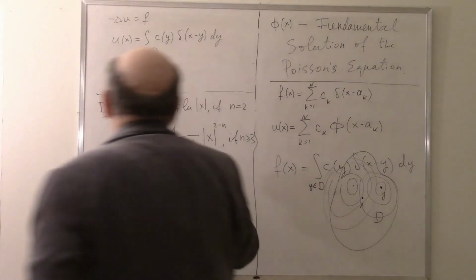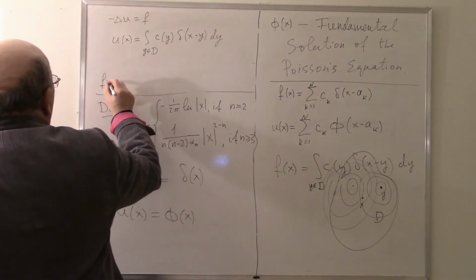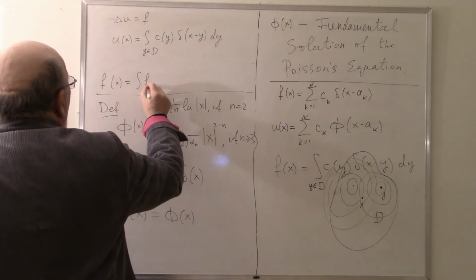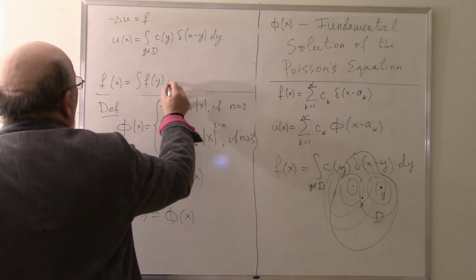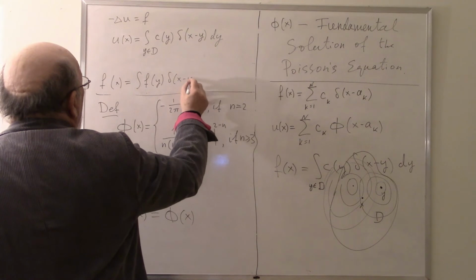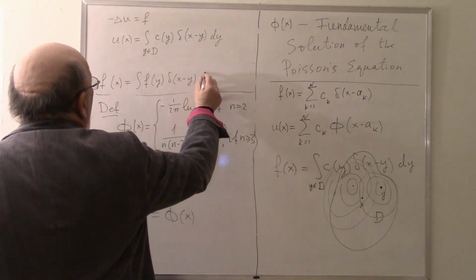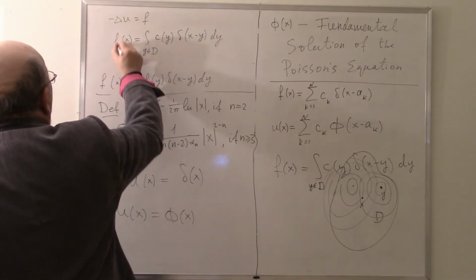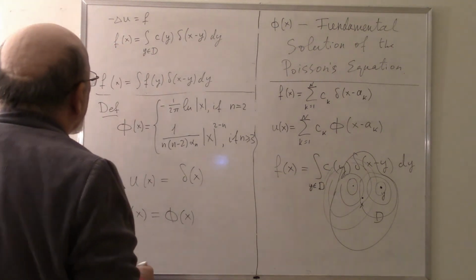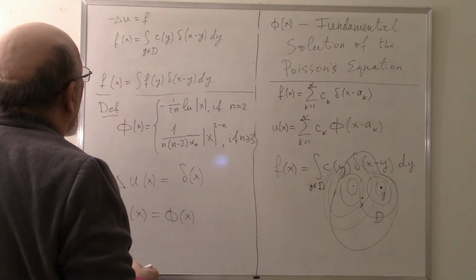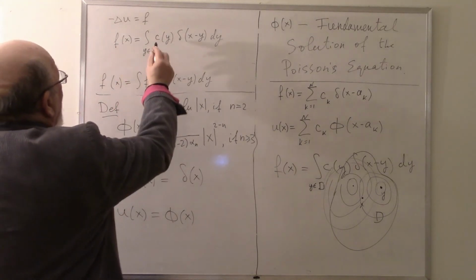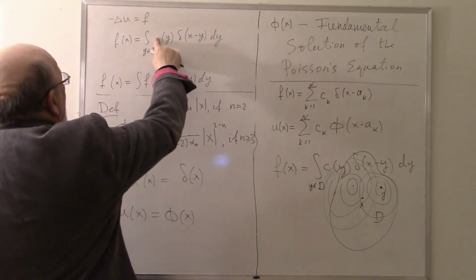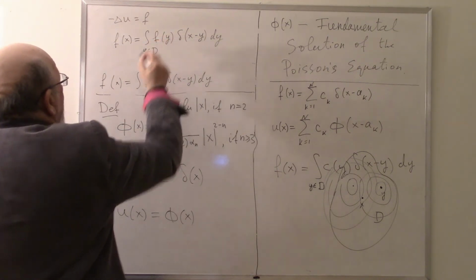We had the formula f of x equals integral f of y delta of x minus y dy. And now it is f of x. This means that instead of c we have to write f.